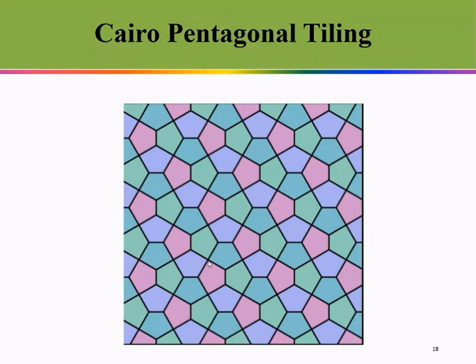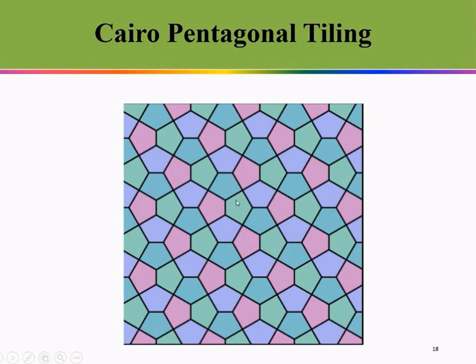But there is a big difference between the slide I showed you a couple of slides back and this one. Here, the pentagons are not regular. That means not all 5 sides of the pentagon are the same, nor are the angles of the pentagon 360 over 5. So these are irregular pentagons. And if you look at these 4 pentagons, say 1, 2, 3, 4, these 4 pentagons actually make a hexagon.